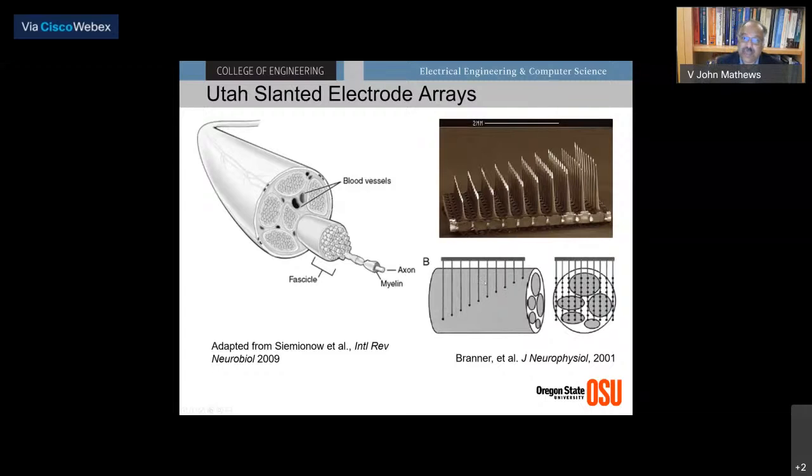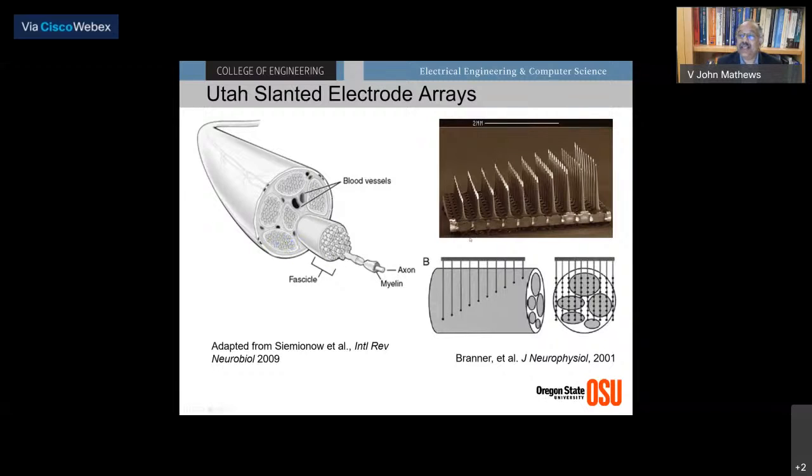Okay? So what happens is when this is implanted, the shorter electrodes would reach here and can actually sense activity in the motor nerves and send information to the sensory nerves. Okay? The taller electrodes would go deeper and can sense activities from the fascicles at the bottom in this particular example. Okay?